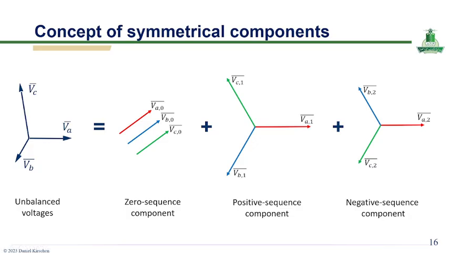And finally, the negative sequence component is also balanced in magnitude but has a reverse phase sequence, ACB. By breaking down an unbalanced system into these three components, you can analyze and understand system behavior more effectively, especially under fault or abnormal operating conditions.